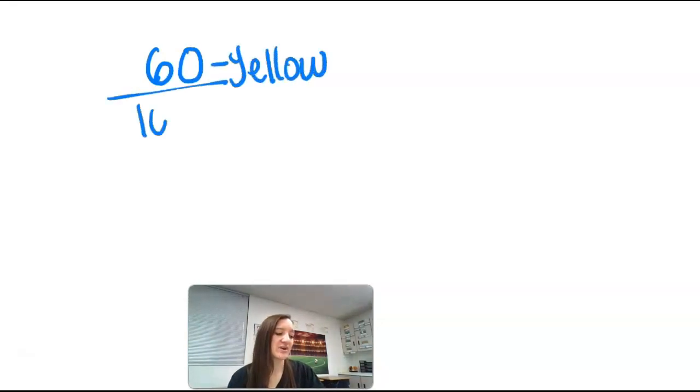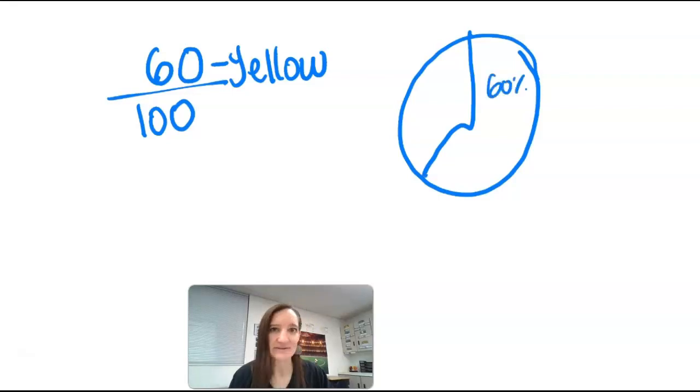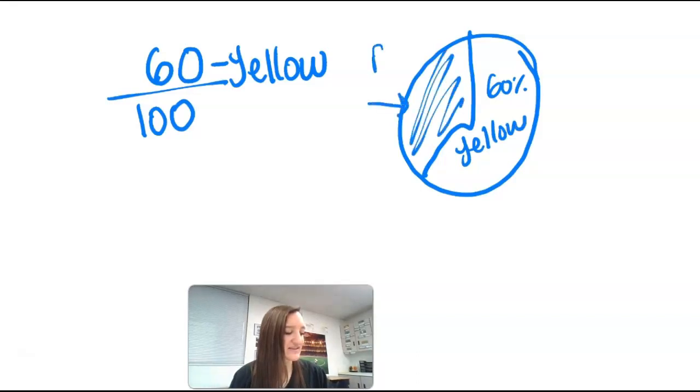There are 100 total tiles. So the way I would think about this one is I would use a pie chart and I would say, all right, if 60, we're going to say that's about 60%, is yellow, then that means the rest of this is red and blue. And that's what it's asking, right? So what percent of that is red and blue?